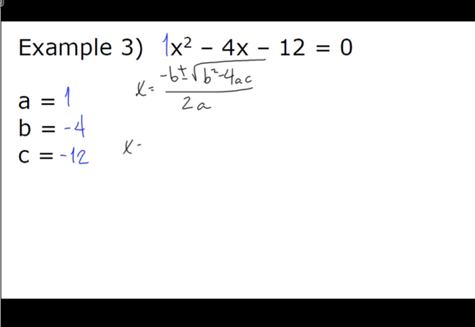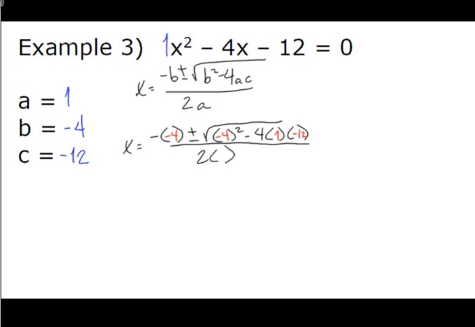Go back and rewrite the formula this time, putting empty parentheses everywhere that there was a variable. Now let's go back and plug in our empty blanks. So I have a negative 4 goes here, and a negative 4 goes here. I need A is 1. I need C is a negative 12. And then I need a 1 here as well.